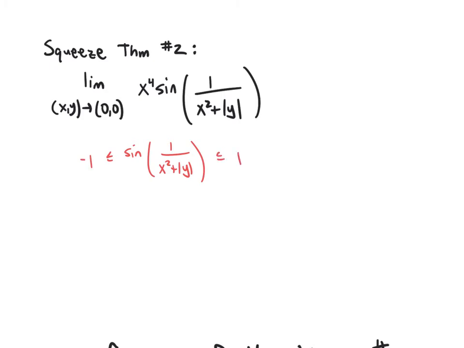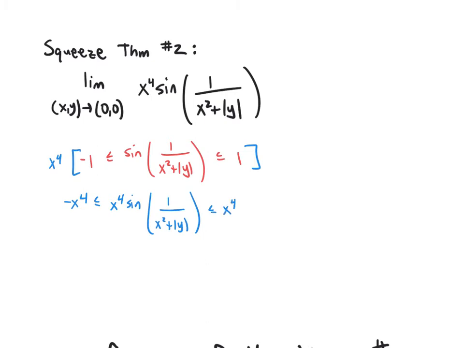That is our restriction of sine. And so we're going to simply multiply this by x to the fourth, giving us -x to the fourth is less than or equal to x to the fourth sine of all of this stuff, which is less than or equal to x to the fourth.